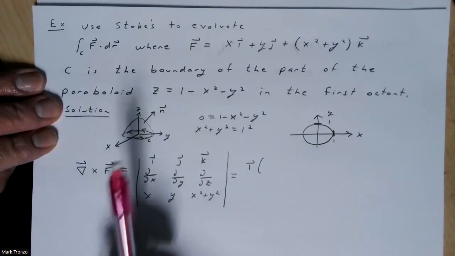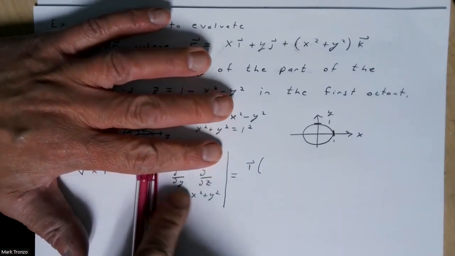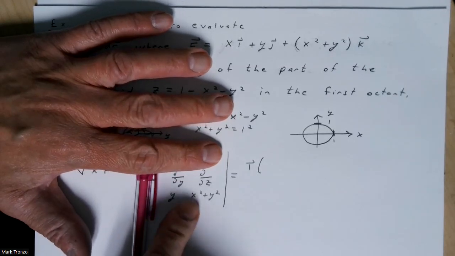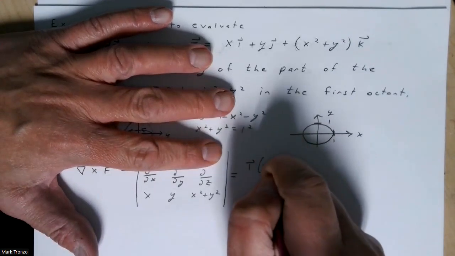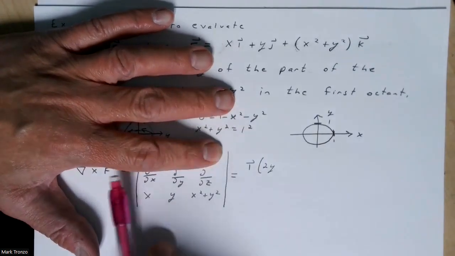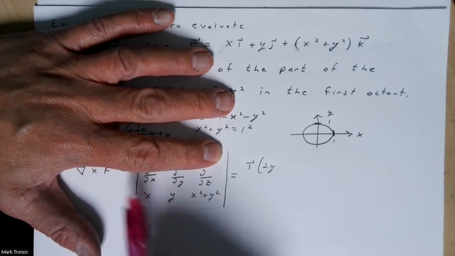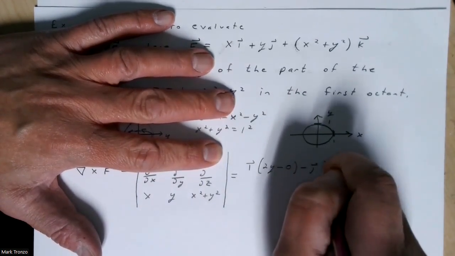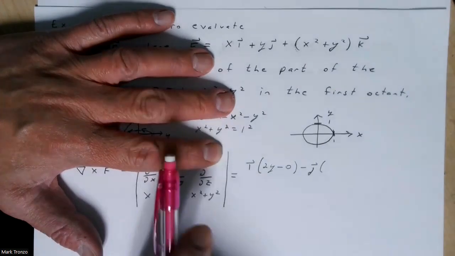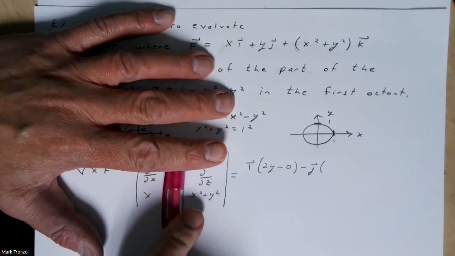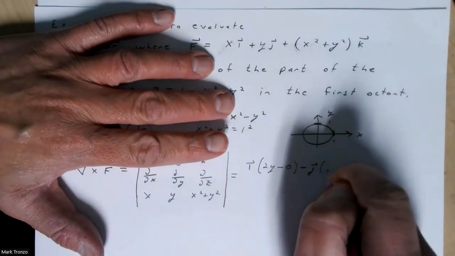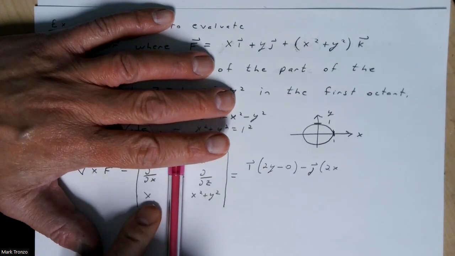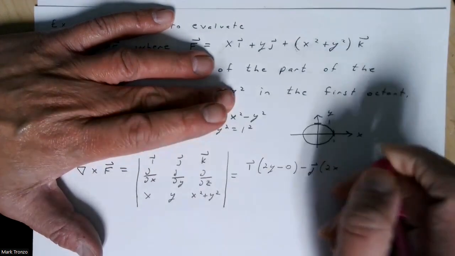Let's do our cross product. This is the derivative of that. So the derivative with respect to y is going to be 2y, minus the derivative of that with respect to z, which is 0, minus j. The derivative of this with respect to x is going to be 2x. The derivative of this with respect to z is going to be 0.